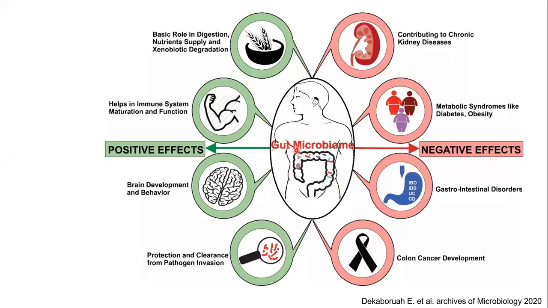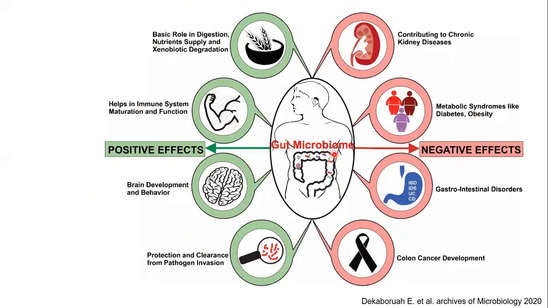So this sort of summarizes: basic role in digestion, supplies nutrients and xenobiotic degradation, helps in immune system maturation and function, seems to have a role in brain development. There's something known as the gut-brain axis, and again, if you're interested, you can find that in papers online. And then there's protection and clearance from pathogen invasion.